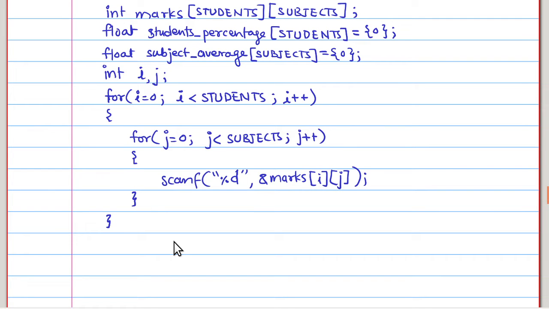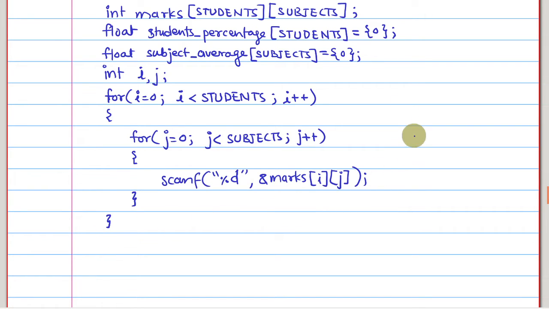Okay. After scanning marks of all the students for all the subjects, you want to find the percentage of each student and the average. For that, you can have separate loops to find the percentage, and you can have separate loops to find the average. That is one of the approaches that you can use.